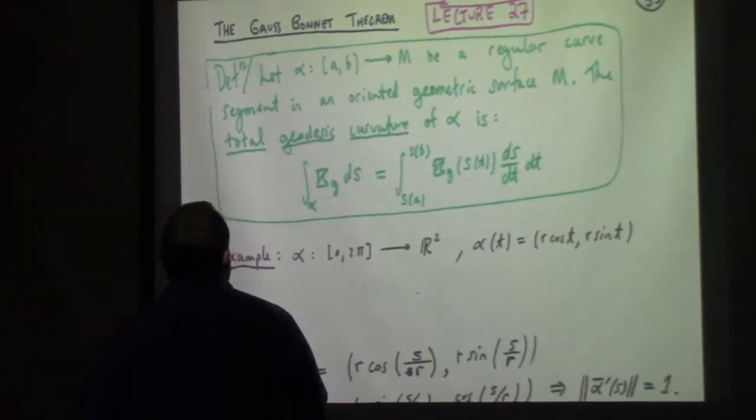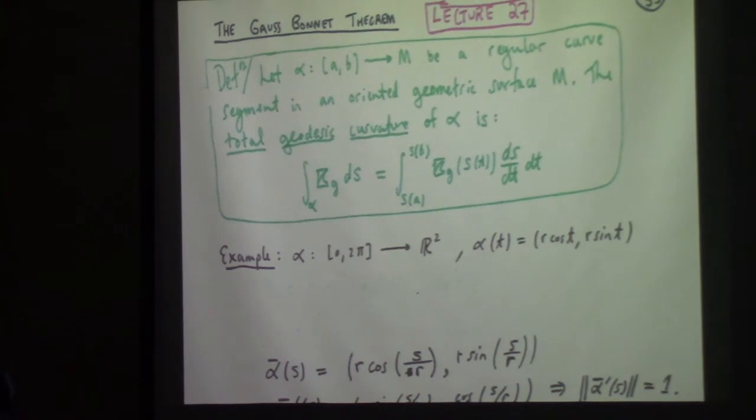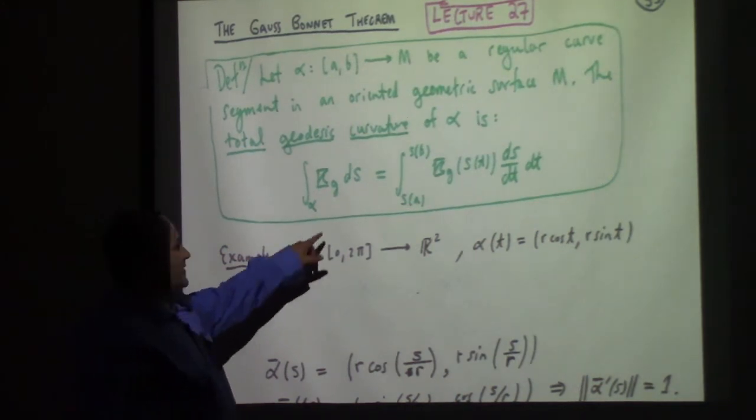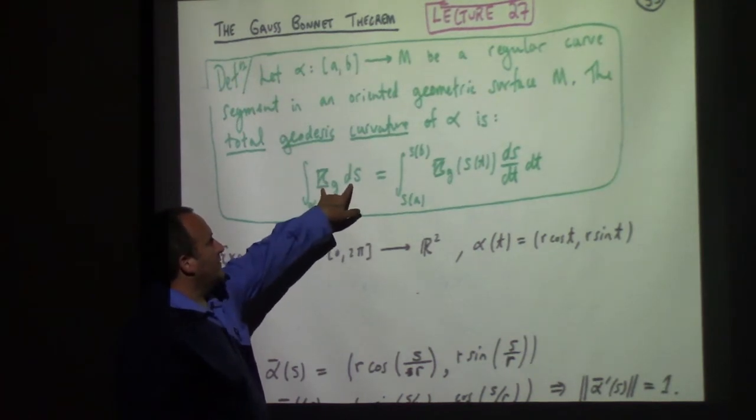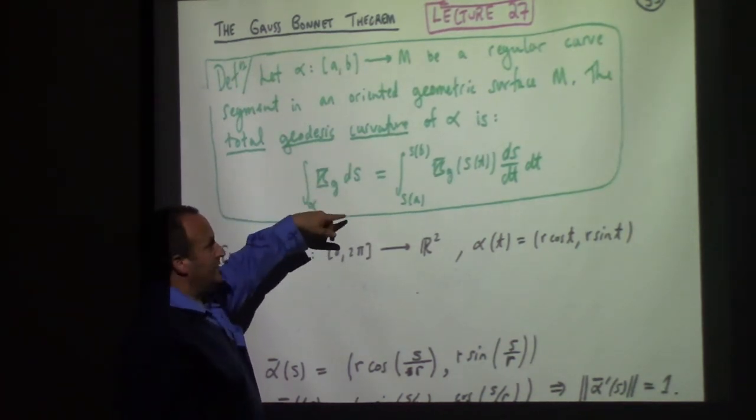This is my old lecture 27. And it begins with a definition. If we have a curve whose domain is a closed interval [a, b], a regular curve segment in an oriented geometric surface, we define the total geodesic curvature of alpha. I'm defining this integral: the integral with respect to arc length of the geodesic curvature, which I'm calling the total geodesic curvature of alpha.